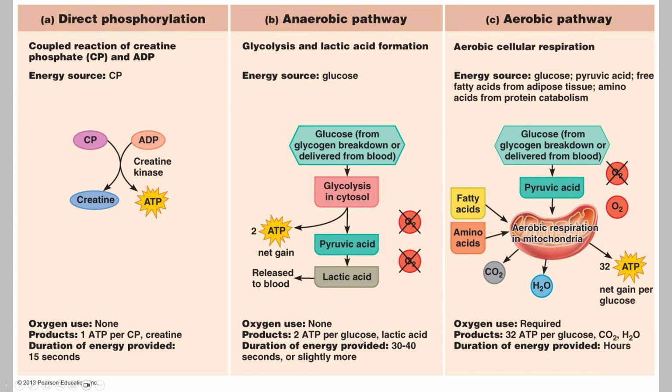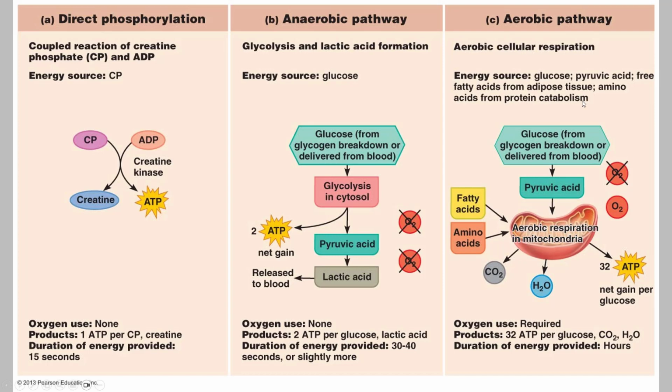And since we're not using oxygen here, we also get lactic acid buildup. Lactic acid buildup causes a little bit of that burning in the muscles. Here we get a little bit more energy out of it, but still not much. We get about 30 to 40 seconds, maybe up to a minute.